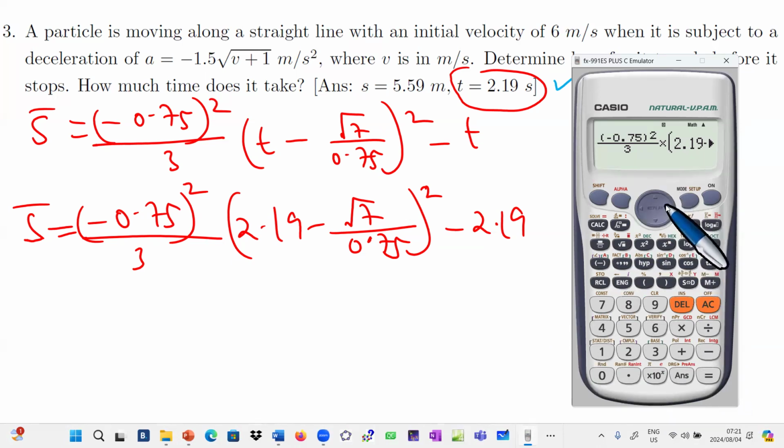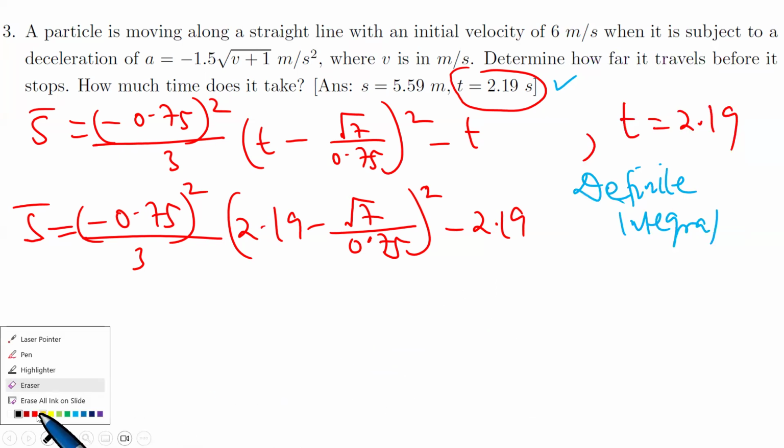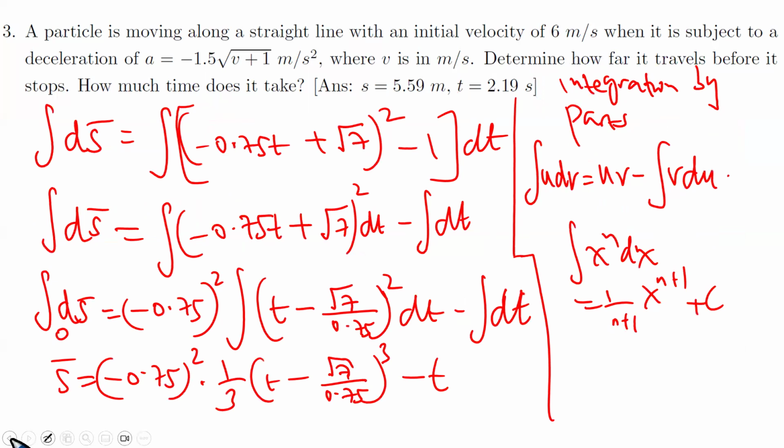Let's see what is happening here. I need to cross-check this one. Sorry, it's a cube here. Because when you integrate it, we got a cube, and plus 1 at the top, so this must be a cube.